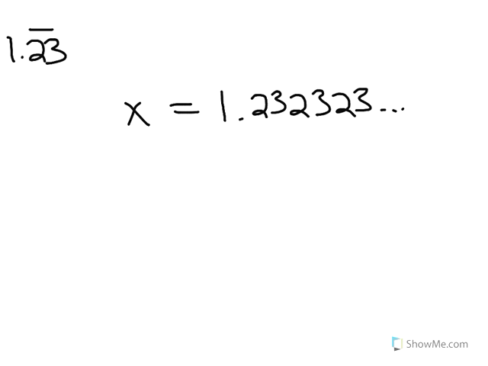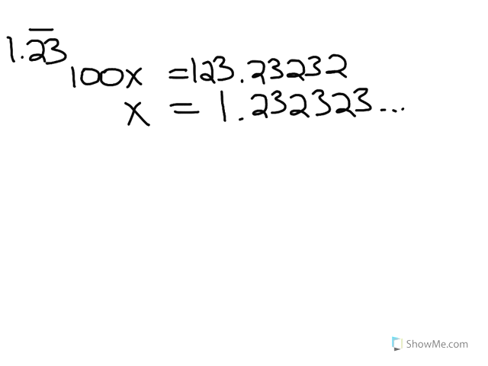This time, 2 digits are repeating. 10 to the second power is 100. We're going to multiply both sides of this equation by 100 and put the result on the first line. So we have 100x equals 123.232323 forever.